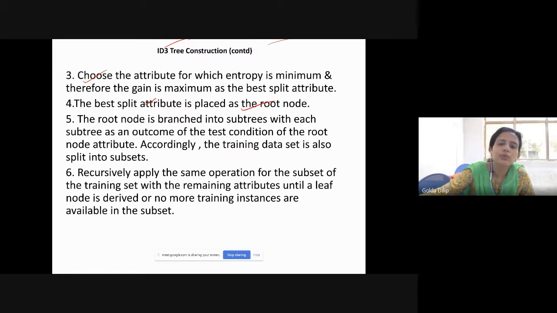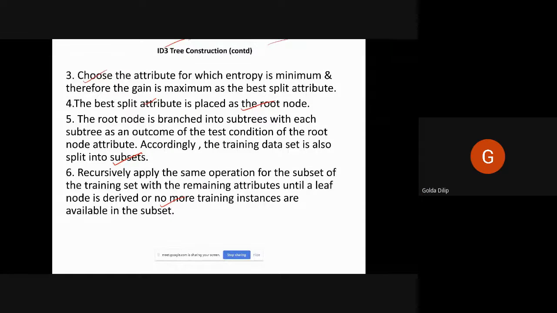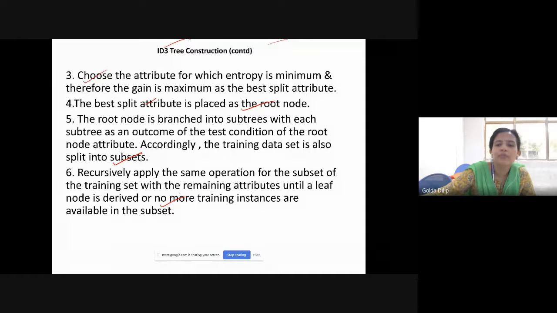Okay, then the root node will be branched into subtrees, with each subtree as the outcome of the test condition of the root node attribute. So that's how you split the training data set into subsets. Then you recursively apply the same operation on the training data set.